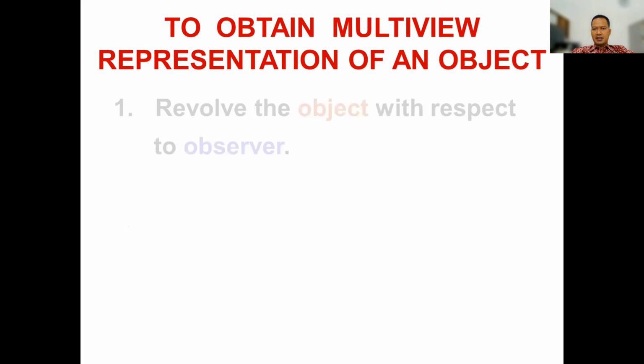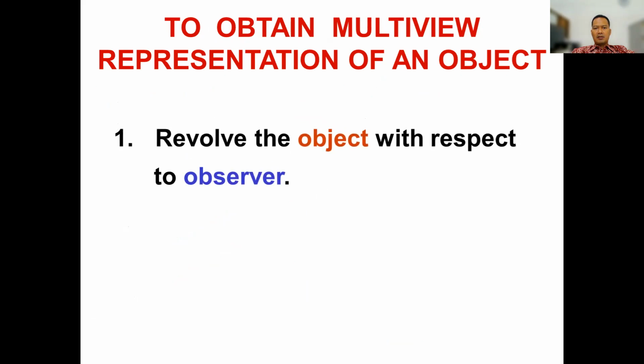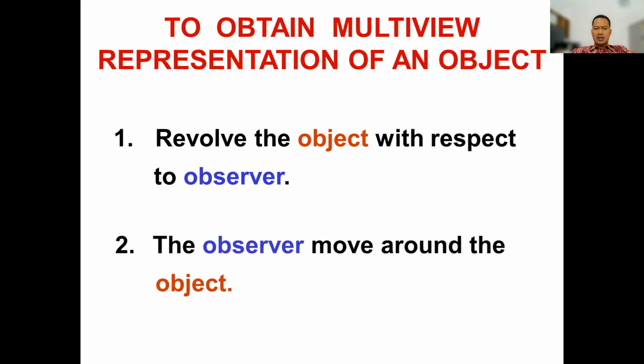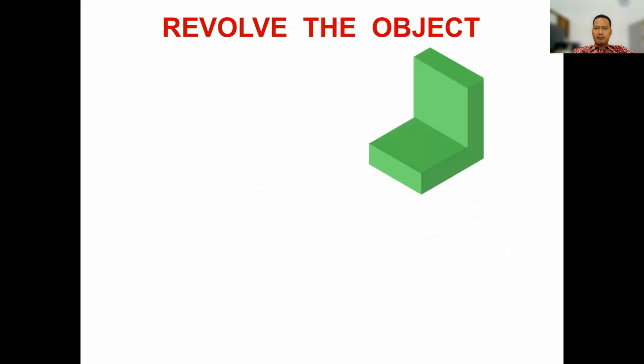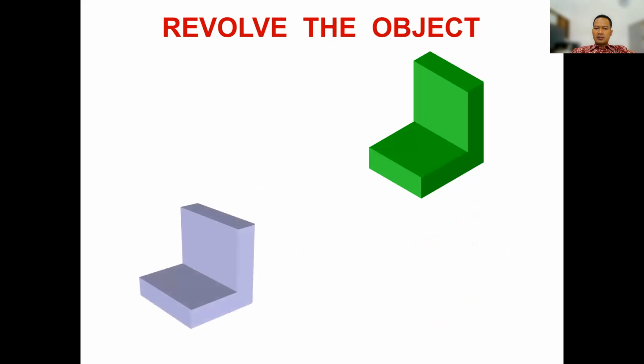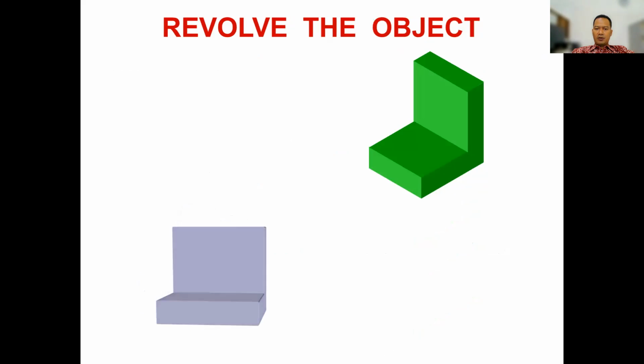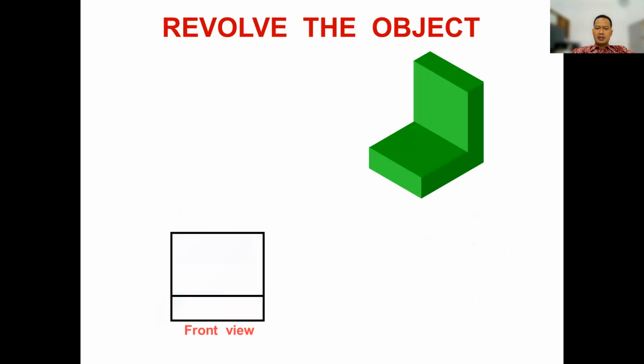To obtain a multi-view representation of an object, at first, revolve the object with respect to the observer, and the second, the observer moves around the object. For example, revolve the object. From this position, you can revolve the object like this, then you will get the front view.